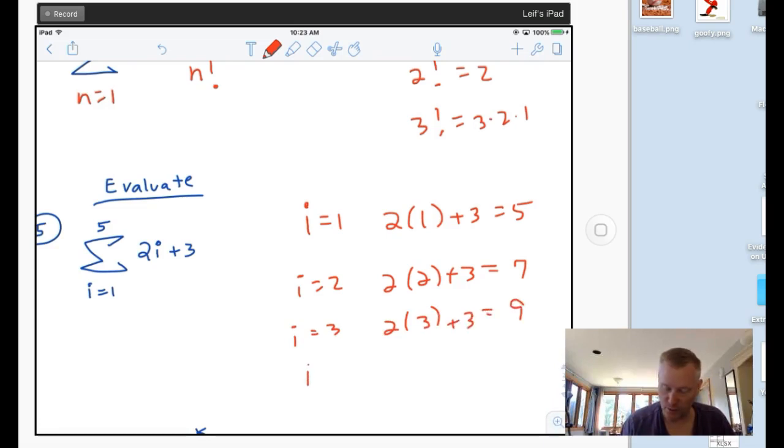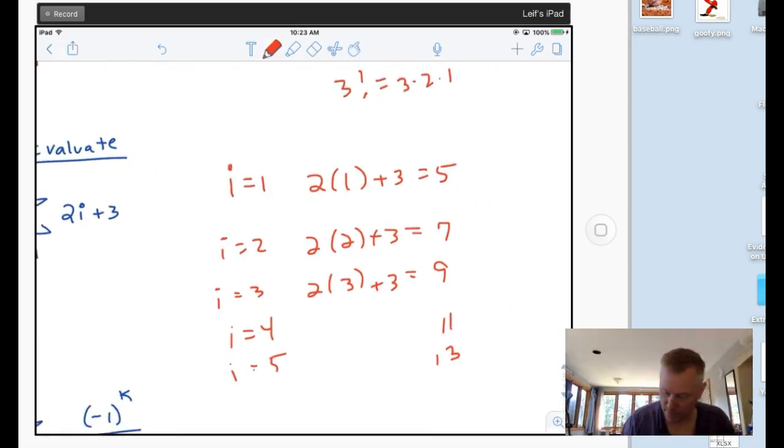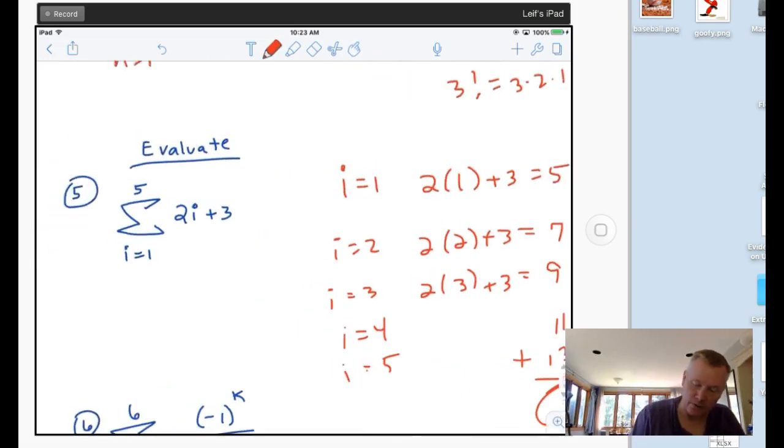If I is 4, I get 11. If I is 5, I get 13. So if I add up all these 5 numbers here, I'll end up getting my answer, which is 45. Okay, and that is what the sum of all those numbers is.